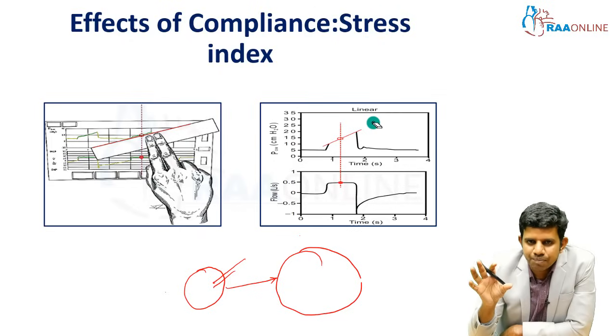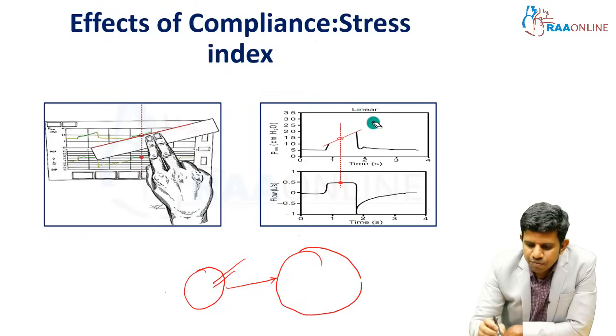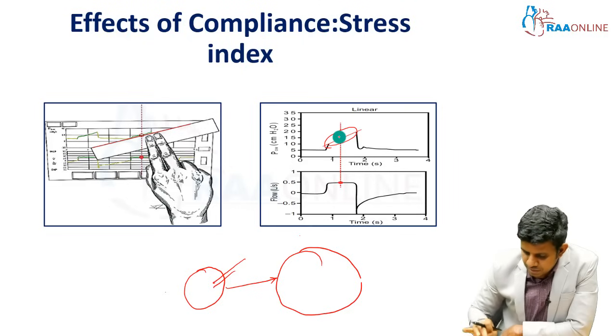The stress index is a mathematical equation. It expresses the non-constant elastance, meaning whether my elastance is increasing or decreasing during inspiration. How can I know that? From the slope of the pressure-time scalar. If it is linear, there is no recruitment and no overdistension.